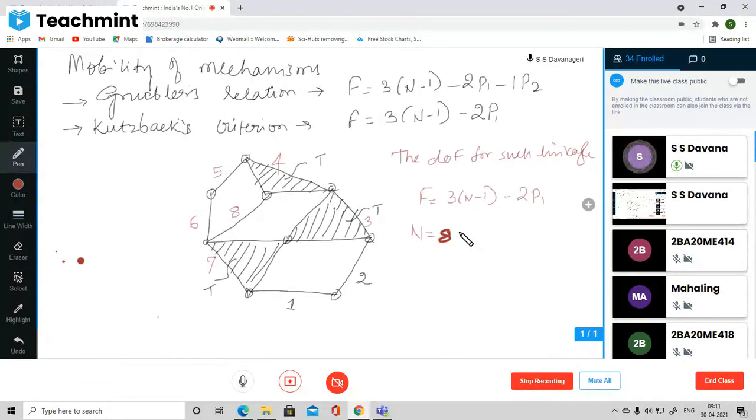It has 1 degree of freedom, and that is only turning. This is also 1, 1, 1, 1, 1, 1, 1, 1. But here it has a 2. Okay, but here it is a 2. So now let us mark here. This is 1. Okay, this is one more.